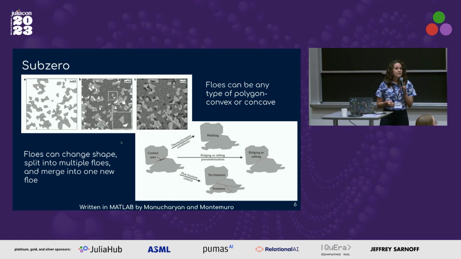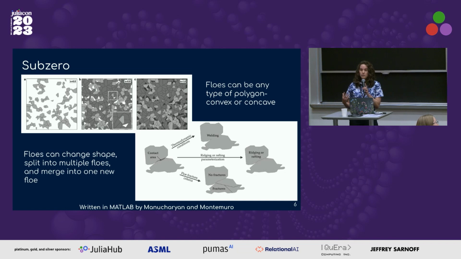And the other thing about Subzero is that these floes actually change size, and we change magnitude of floes throughout the run. So depending on conditions, floes that are overlapping and interacting can meld together through welding. Overlapped areas can be transferred to one floe or another, and if put under enough stress, the ice will crack and split into multiple new floes. And again, this was written originally in MATLAB by Gheorghe and Brandon.